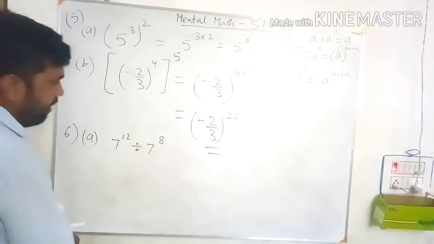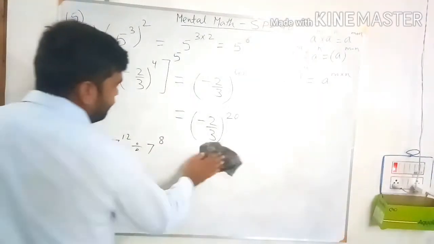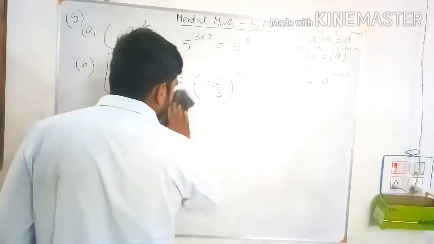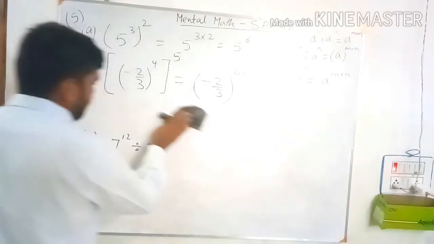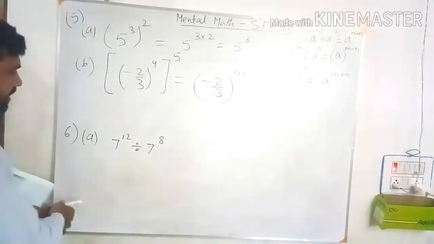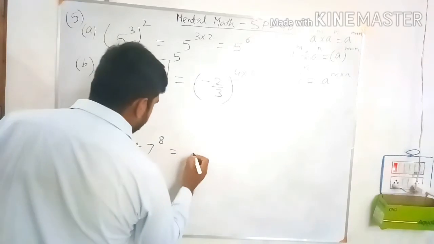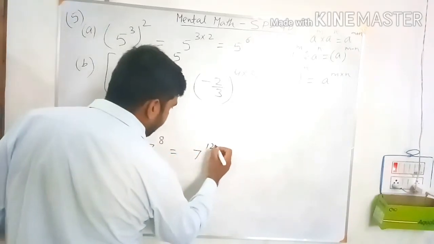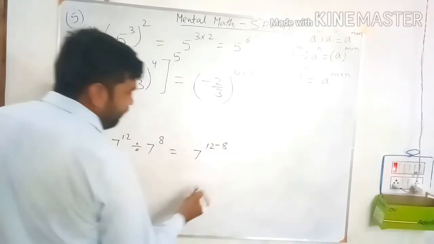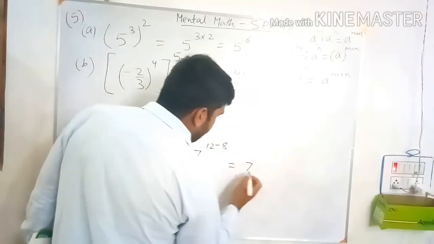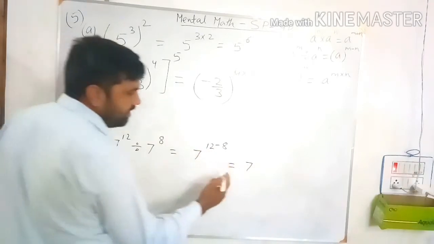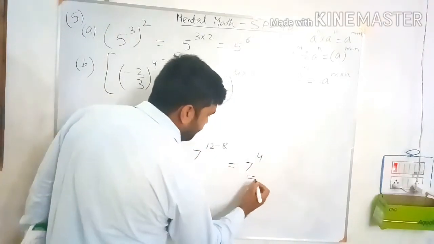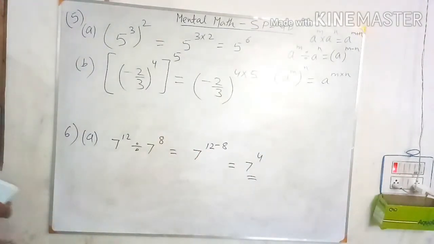So take the base common 7 and subtract the powers, first power minus second power, that is 12 minus 8. 12 minus 8 is 4. So the answer is 7 to the power 4.